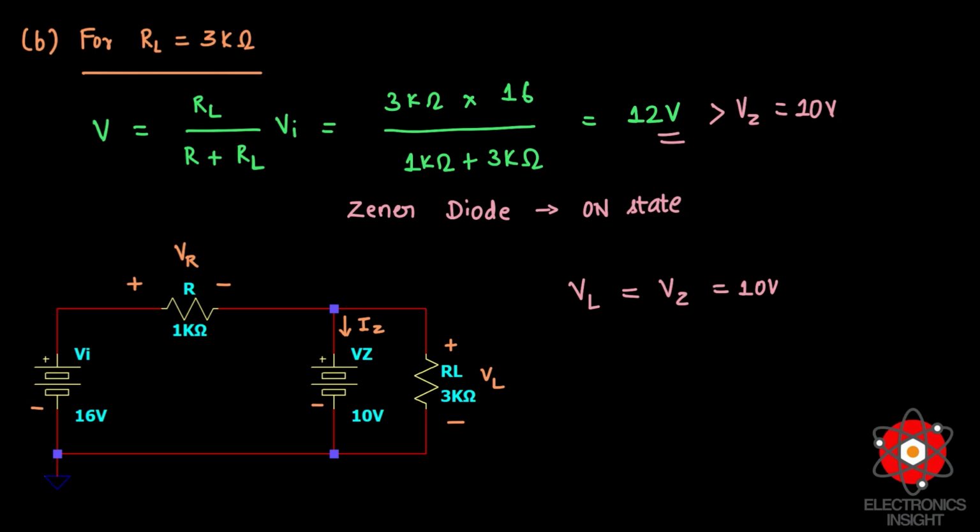So therefore, the Zener diode will now retain this voltage of 10 volts. Now, this Zener diode current has to be determined, and after that, it is very easy to find out the power dissipated by the Zener diode. So before continuing, it is particularly important to realize that the first step that was employed was only to determine the state of the Zener diode. If the Zener diode is in the on state, the voltage across the diode is not the V volts.